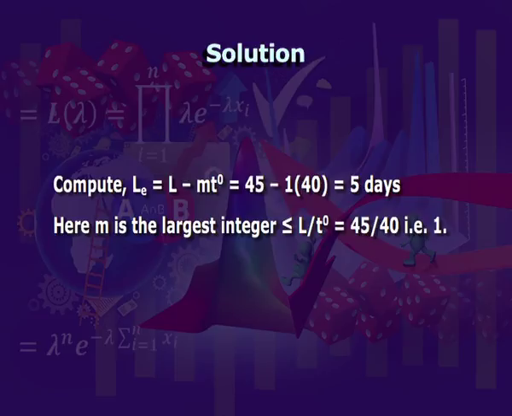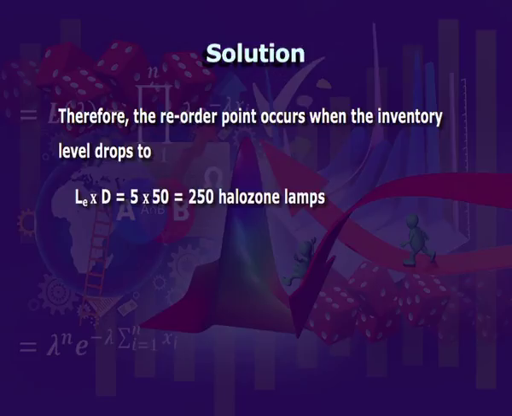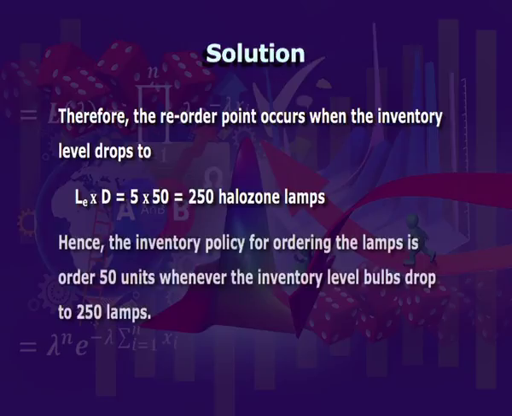Therefore, the reorder point occurs when the inventory level drops to LE multiplied by D, which is 5 into 50, equal to 250 halogen lamps. Hence, the inventory policy for ordering the lamps is to order 2000 units whenever the inventory level drops to 250 lamps.